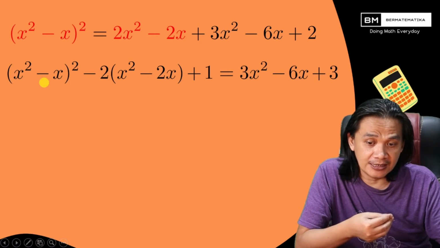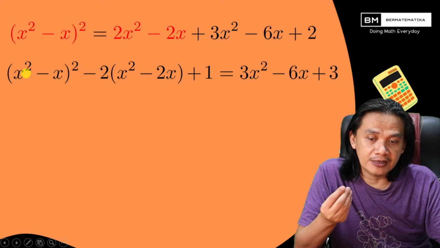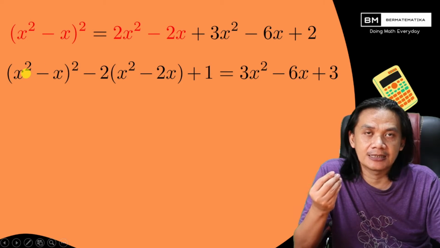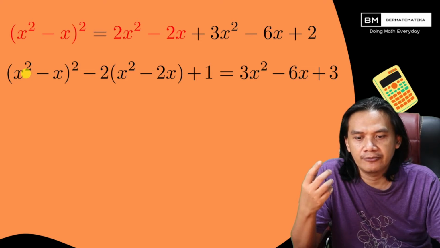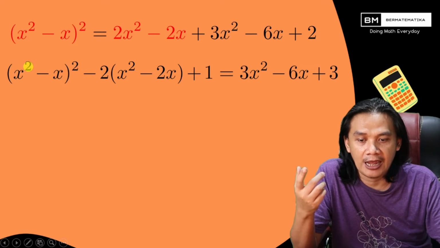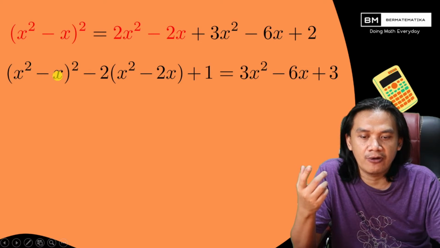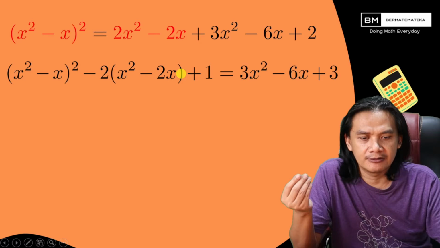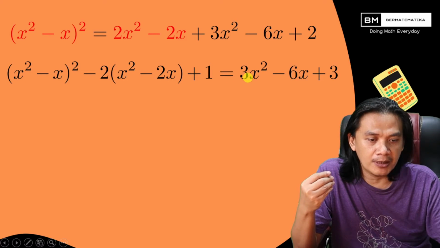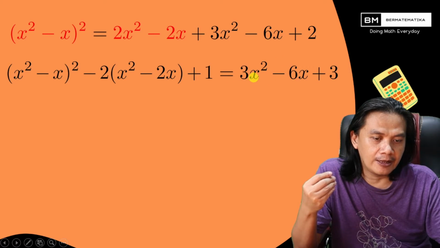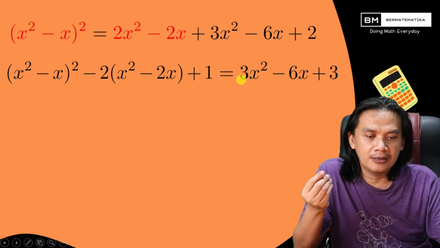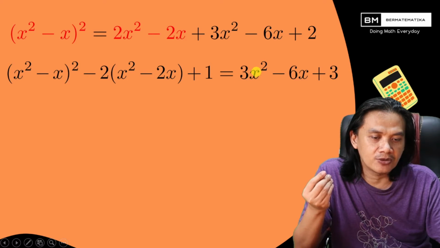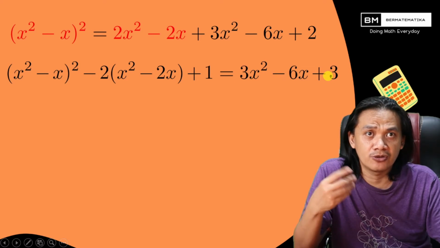Now notice that if we think of this x squared minus x as one symbol for a moment, let's say this is a. So this is of the form a squared minus 2a plus 1, which is a square of a minus 1, right? And then how about the right hand side? If we factor out the 3, the remaining terms is x squared minus 2x plus 1, which is also a square.